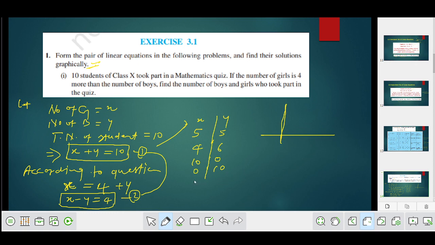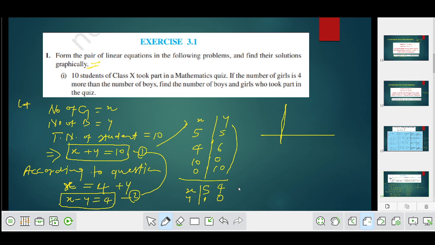Now, in the same way, we should find out the points of equation 2. Here x, here y. Okay. If we take x equal to 5, then we get y equal to 1. If x equal to 4, then y equal to 0, because 4 minus 4 equals 0.